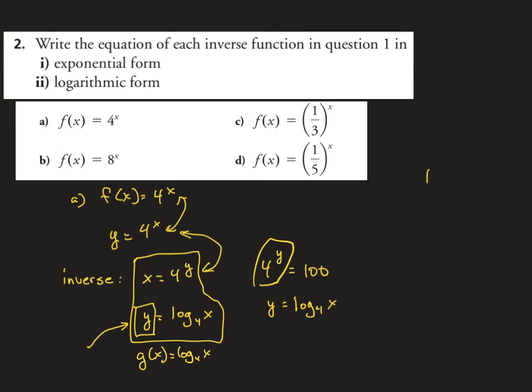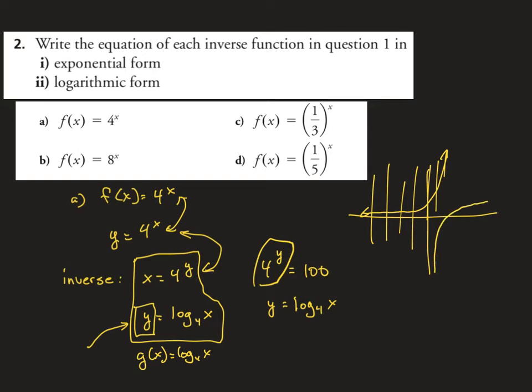If you remember the graphs I did before, y equals 4 to the x goes like this. This passes the vertical line test: any x value you put in, you only get one y value. Well, its inverse operation, y equals the log of x with the base 4, also passes the vertical line test, so you can also call it g of x.